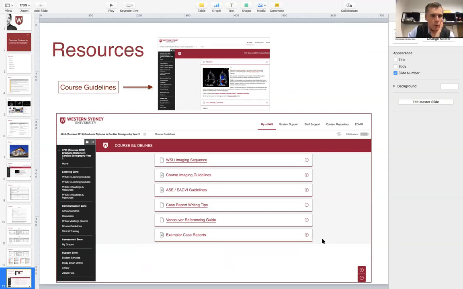A couple of things I want to highlight is on the Views site, as part of the communication zone, there's a course guidelines section, and within that there's quite a lot of content that I encourage you guys to make good use of. The first one, as you can see there, is the imaging sequence.